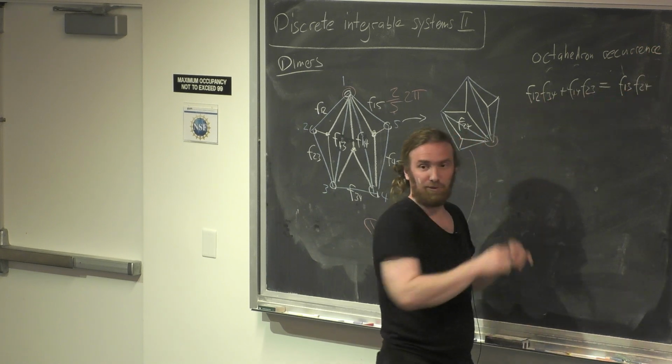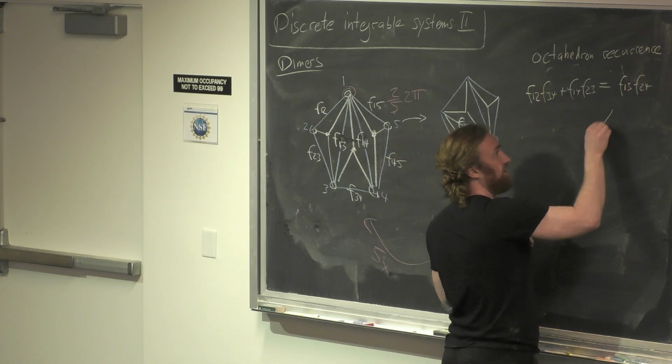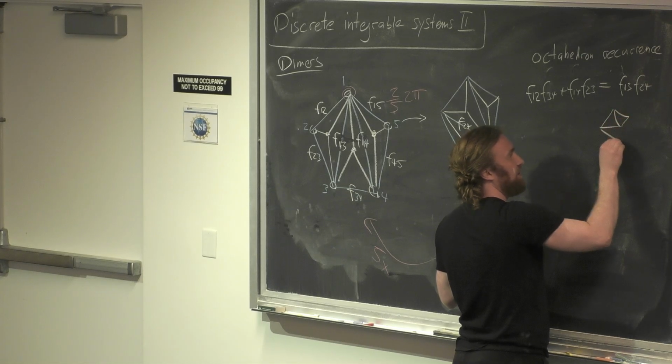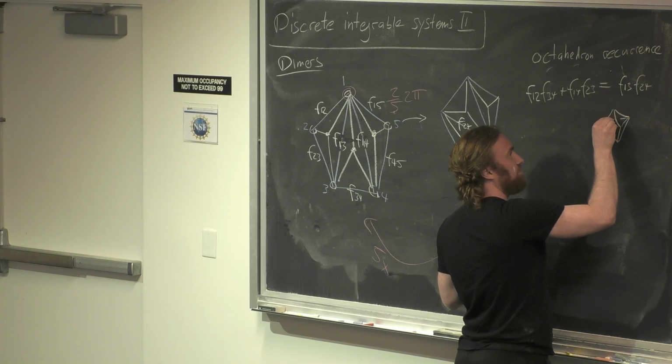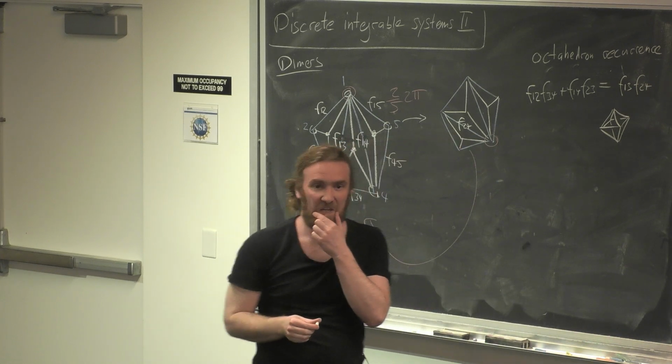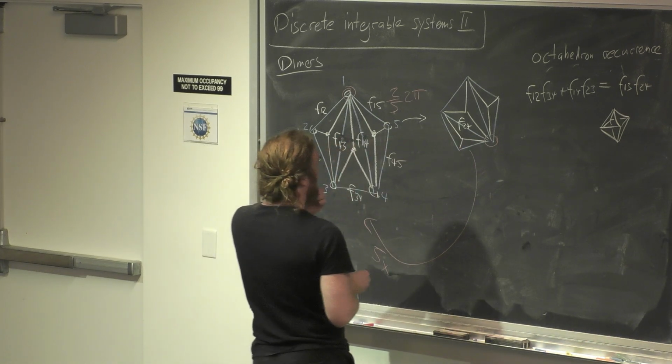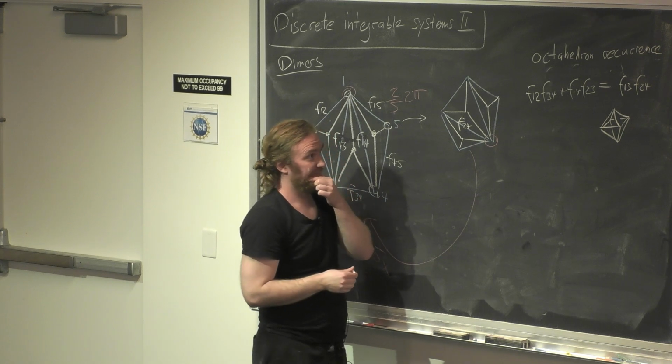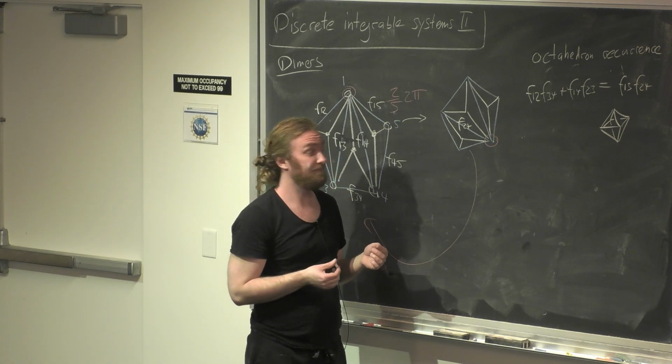You can see it involves 6 quantities that, essentially, as in Terence's talk, form this octahedron.